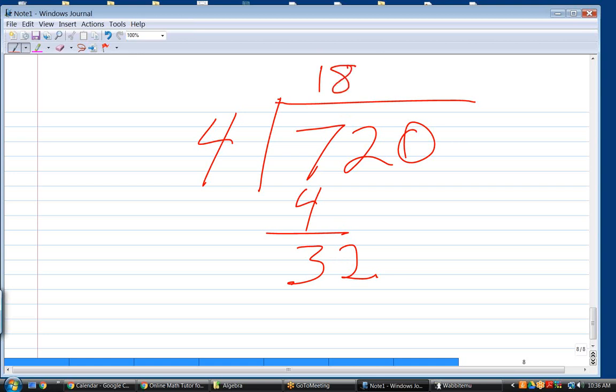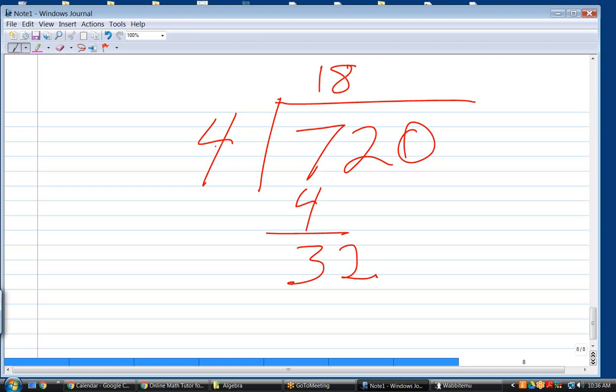If you get a partial number, it's the number less than that. If I was dividing 4 into 31, my calculator would have given me an answer of 7 point something, which means 7 is what I would have written up here. You always put in the largest integer you can.